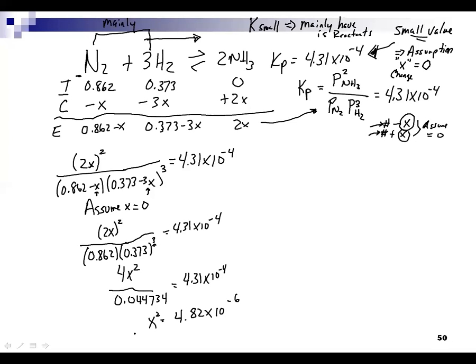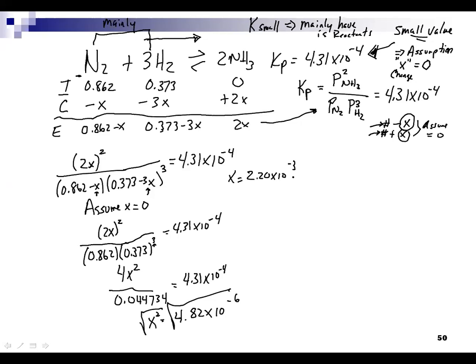That's going to leave us taking the square root of both sides. And that will give us an x value in this case of 2.20 times 10 to the minus 3. Not sure why I wrote that so high, but 10 to the minus 3 there. Any questions on any of those steps so far?